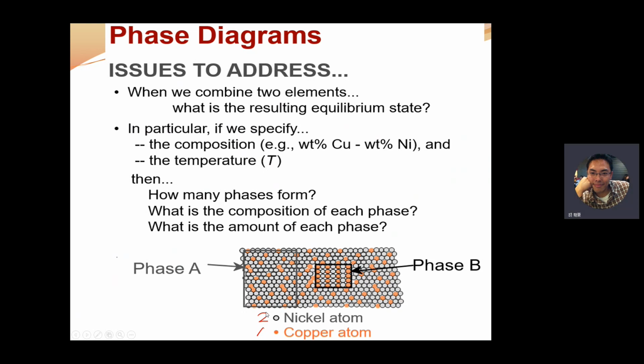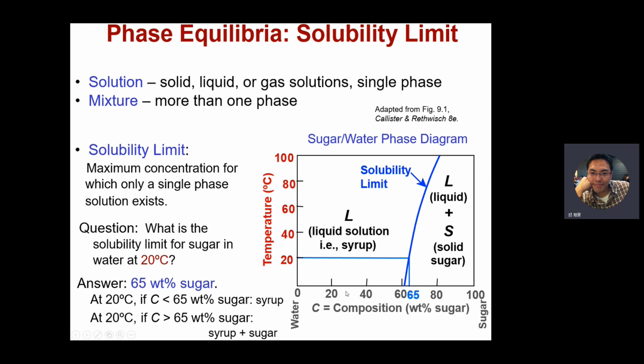We call it solid solution. One is in this region, a homogeneous structure, and the second one is the region outside of this phase. So there are two phases, one and two. So let's look at the solubility.